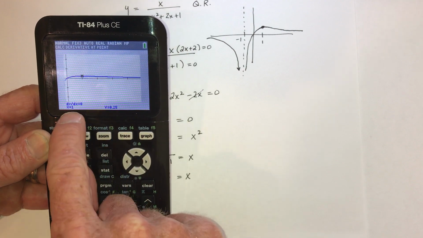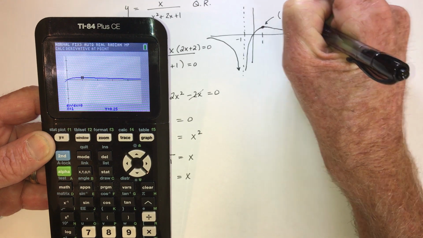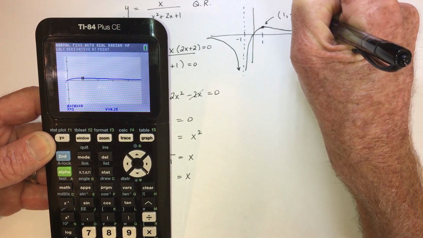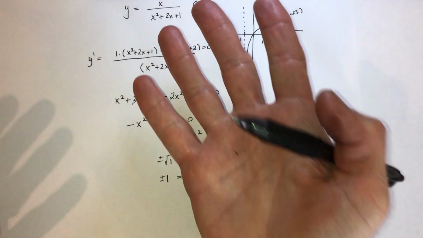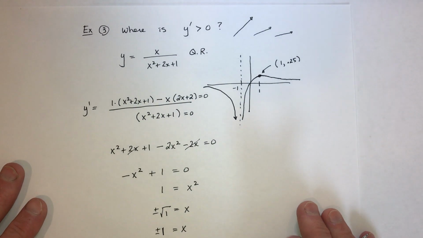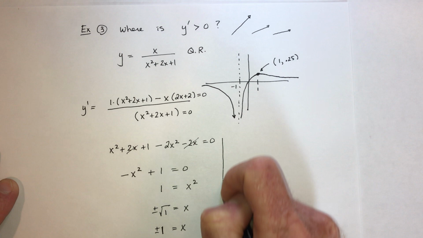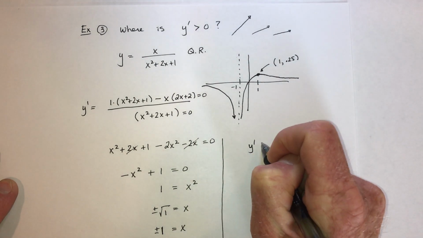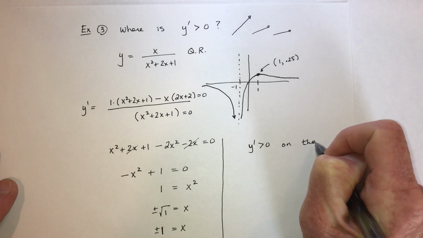And it even tells me what x and y is. So this point right here is 1, 0.25. Now I need to look back and see, did I answer the question? Well, I did in words, but I didn't write it down. So for the final answer, y prime is positive on the interval.